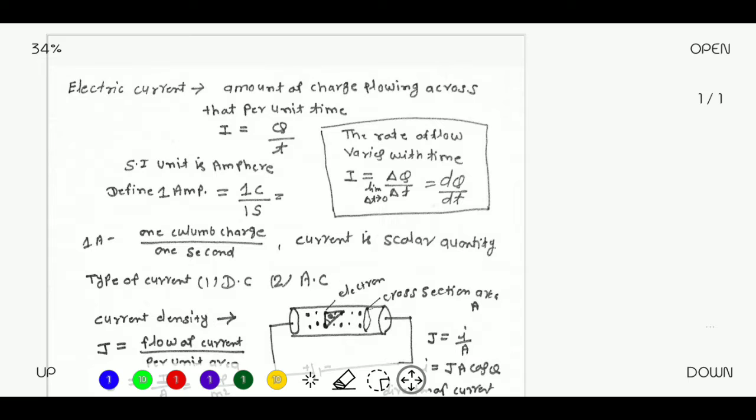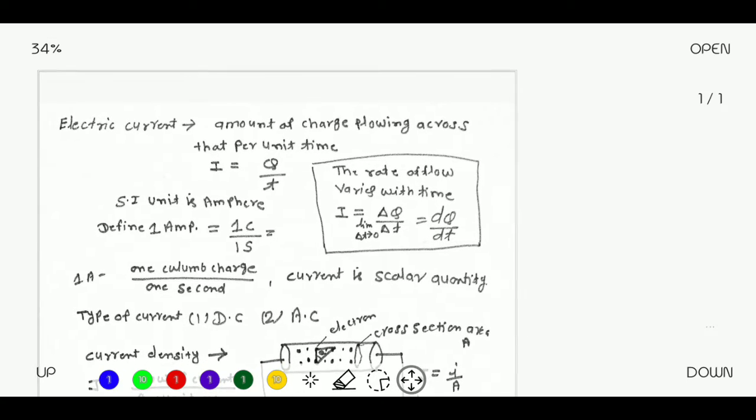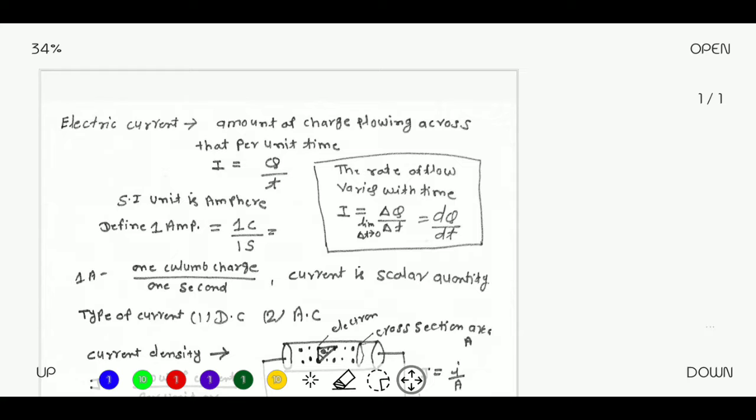As you are watching on the screen, electric current is the amount of charge flowing across per unit time. In another way, the number of charges flowing per unit time is called current.